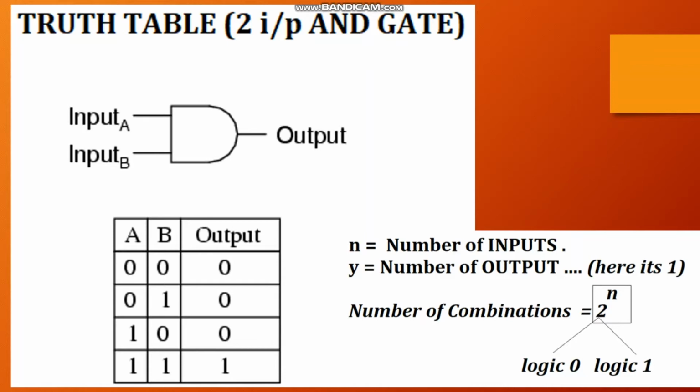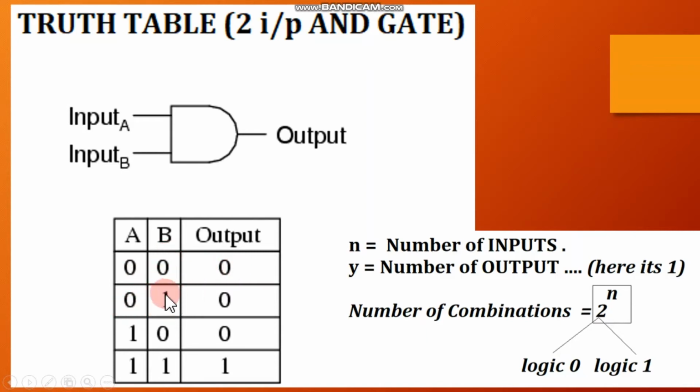The last row of the table represents A equals 1 as well as B equals 1. A and B both are at 1, hence the output is 1, given by the AND gate. Now for the combination 00, both inputs are at logic low, hence the output is also at logic low. See the second combination 01.